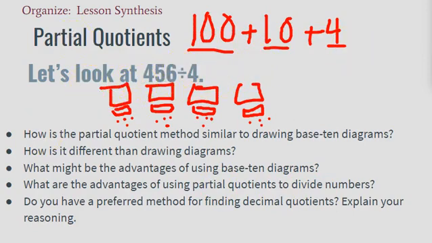The advantage of the base 10 can be that if you really need to break down and see those pieces more, if you're not really comfortable with your multiples and times tables, the more of those you know, the simpler and easier these other pieces are. Using those base 10 diagrams can help you out if you're still struggling with that. It's really just about your flexible thinking on each.